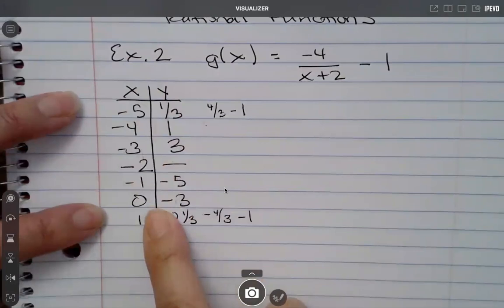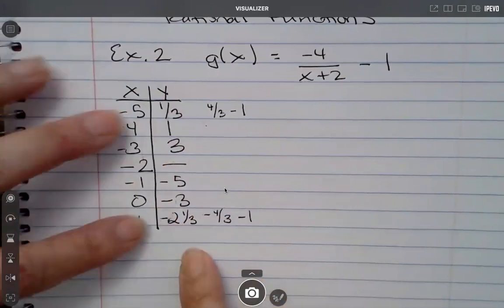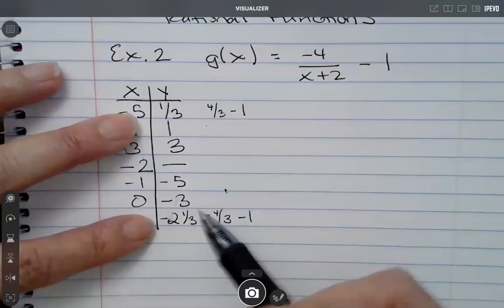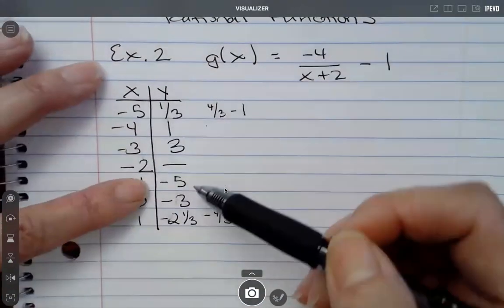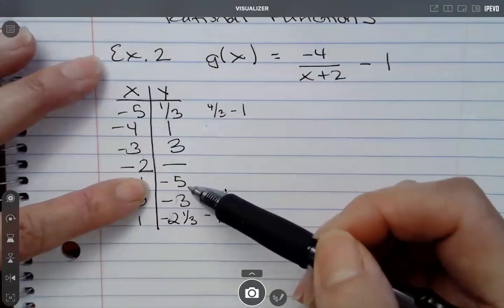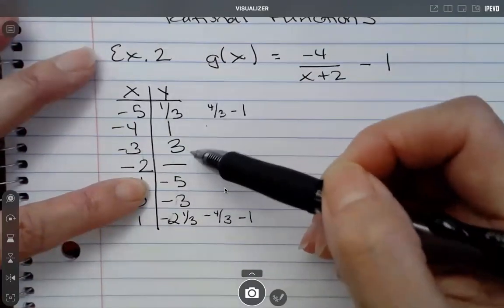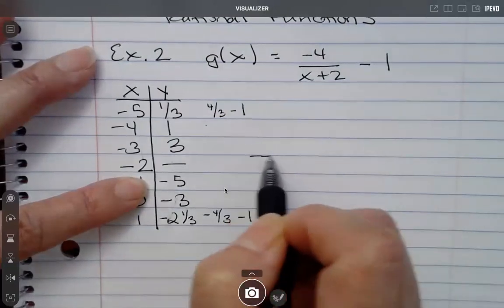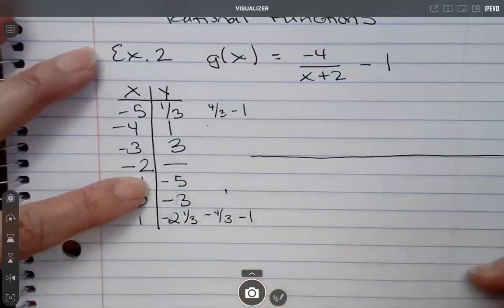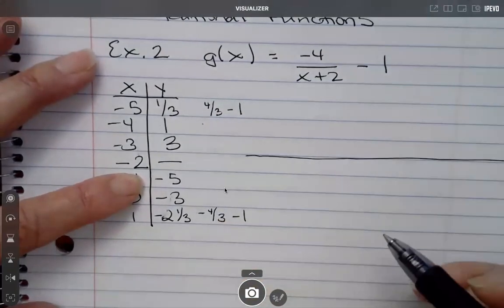So you don't want to center the Y axis. Now let's look at the Y values. My Y values go down to -5. And the highest one I have here is +3. Okay, so it goes down to -5. So let's see, draw a line. And I may have to change it and adjust it.